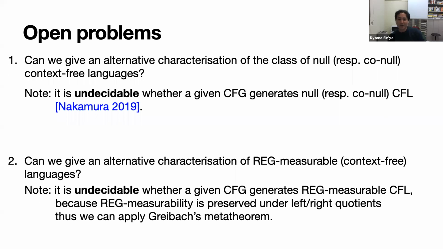And I also note that there is no hope to have a decidable characterization because the regular measurability is closed under left and right quotients. So by using the Greibach-Hauschildt meta theorem for undecidability, we can say that the regular measurability for context-free languages is undecidable.